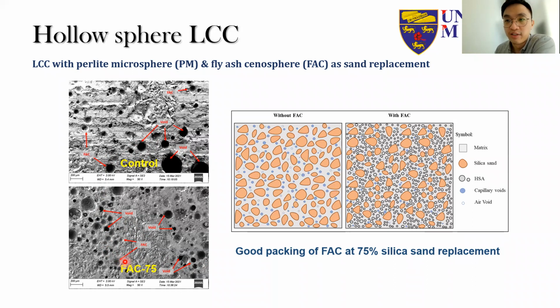At the same time, because of the very low density of the fly ash cenosphere itself, filling in these voids will also not substantially increase the density of the LCC. So the fly ash cenosphere gives the best packing at 75%, and we use it to replace the silica sand.